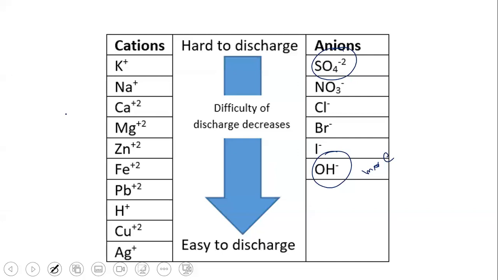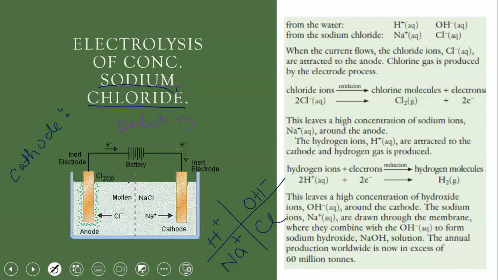Between hydrogen and sodium, who do you think is more reactive? Hydrogen. Correct, completely correct, because hydrogen is low, sodium is high, right? So between sodium and hydrogen, who will go to the cathode? Hydrogen. Good job. So hydrogen ion will go to the cathode.